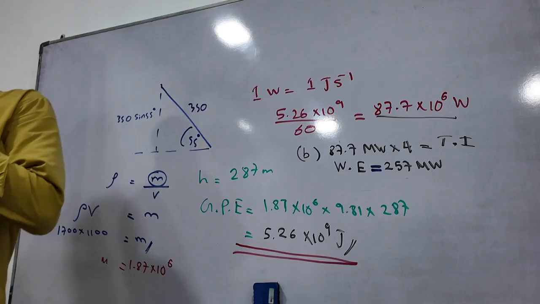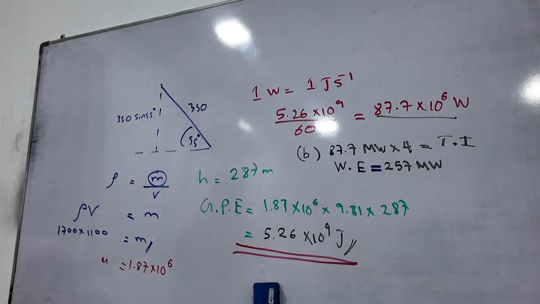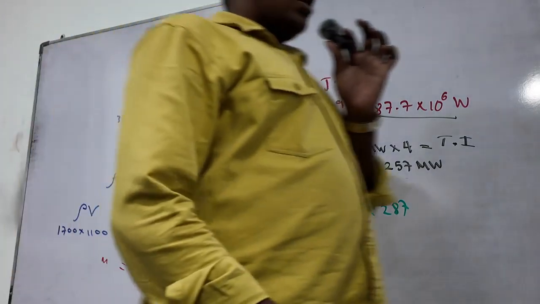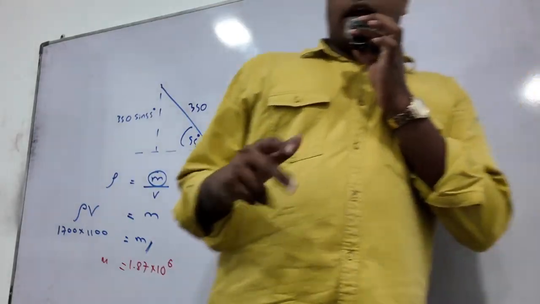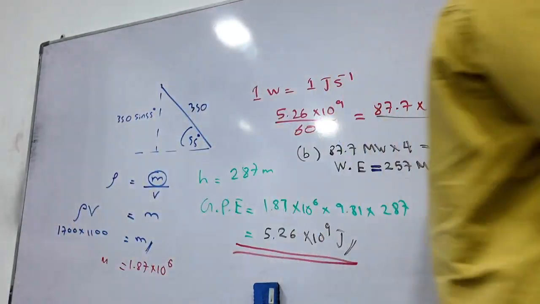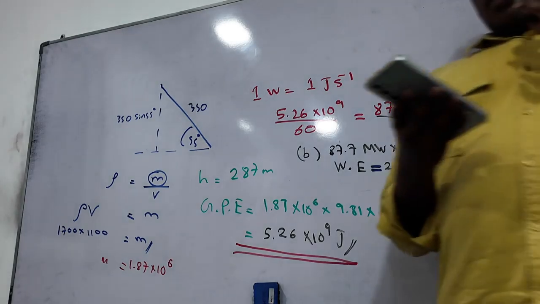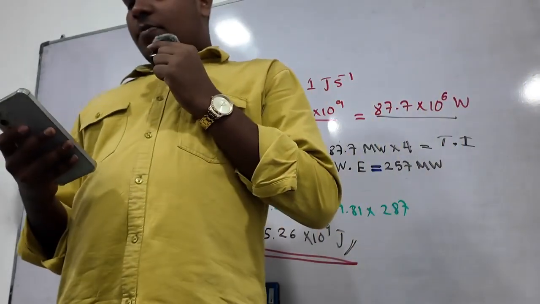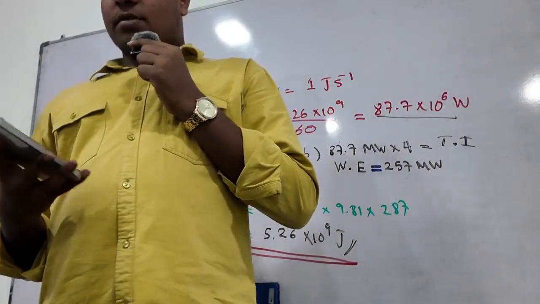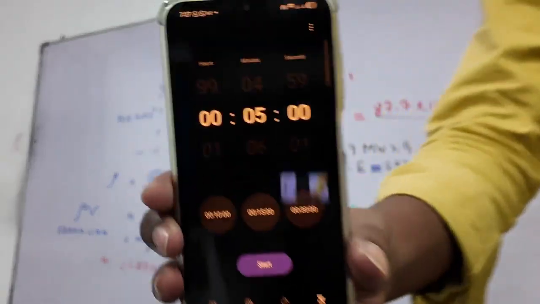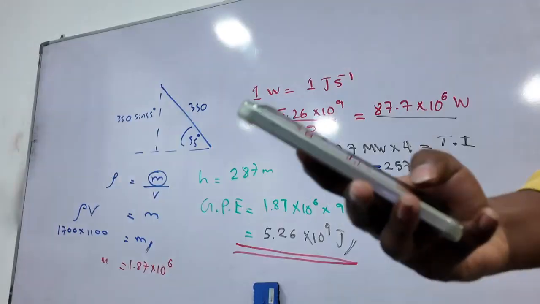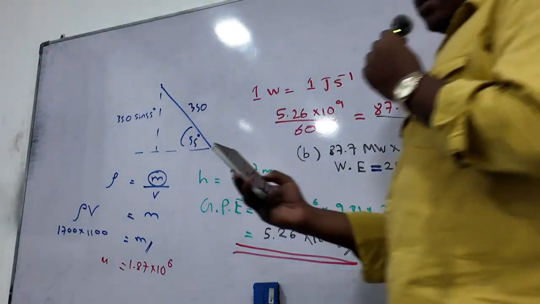Okay, so here you are given 8 marks again. I'm gonna give you 5 minutes. I'm gonna put the timer. Usually I would have given you 8 minutes, but since you were so good in the previous paper, I'm gonna give you 5 minutes. Now don't disappoint me. Shall I start?